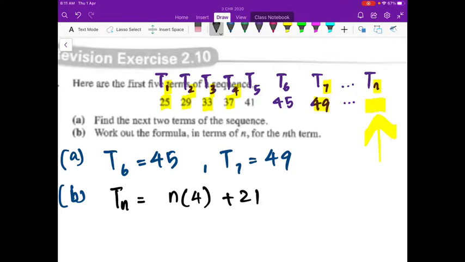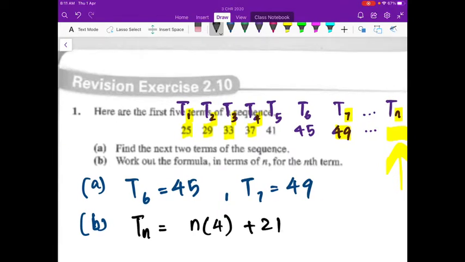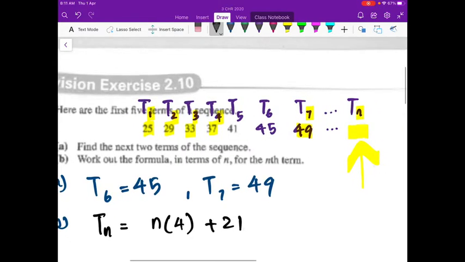Okay, so now I will explain to you why. Remember, the objective is to find out how do we go from 1 to 25, 2 to 29, and so forth. We know that we are always adding 4 to the next term. Adding 4 to get the next term. So from term number 1 to term number 2, I plus 4.